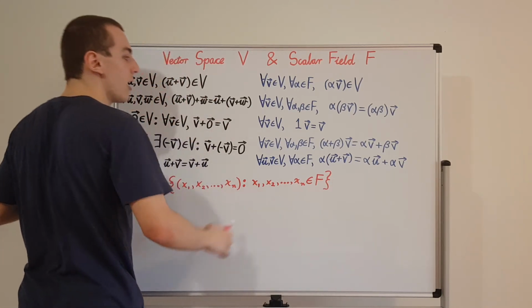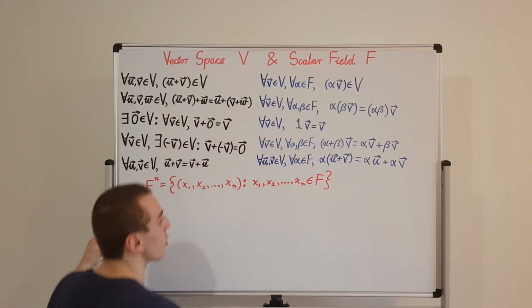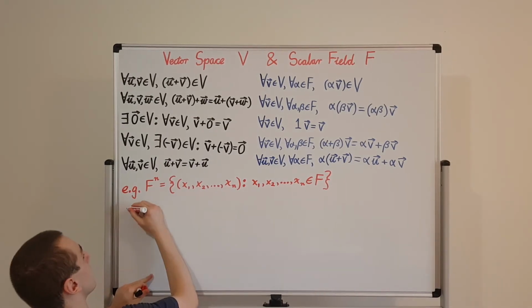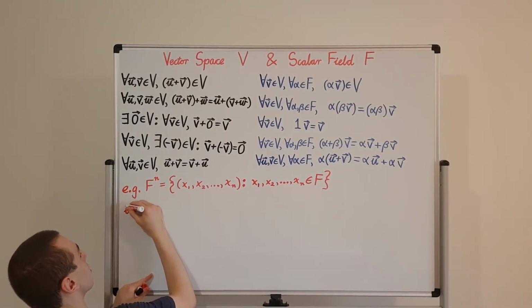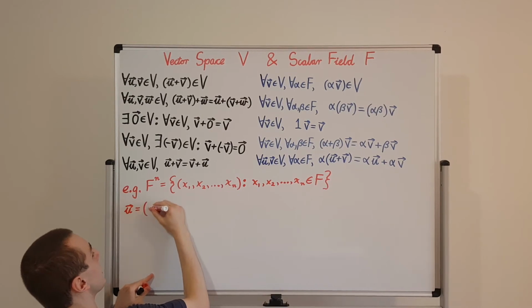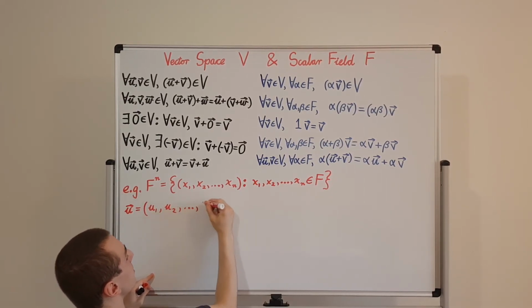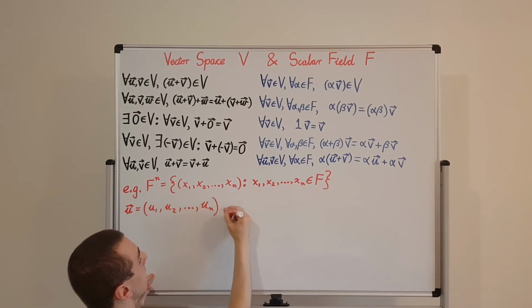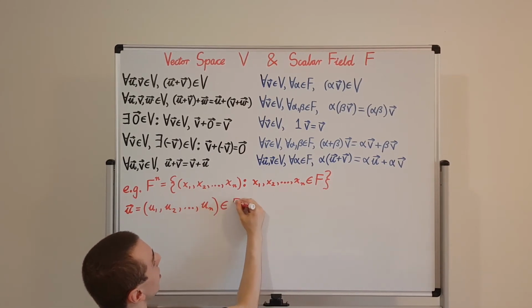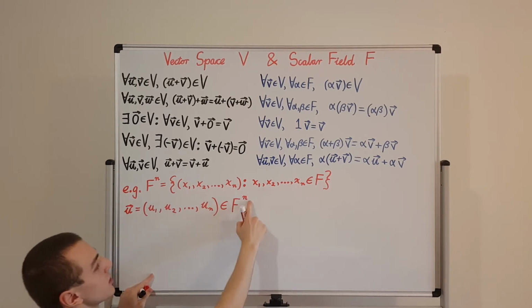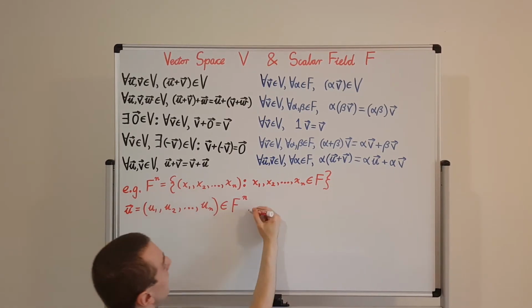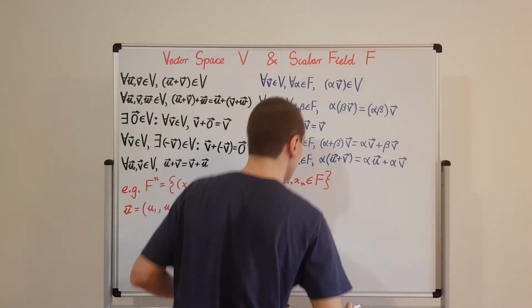So let's have a look at how vector addition and scalar multiplication are going to work. We're going to define some vectors. So u, I'm going to call u a vector. That's going to be u1, u2, all the way up to un. And this is an element of F superscript n. So it's an element of the vector space. And let's define another vector v.